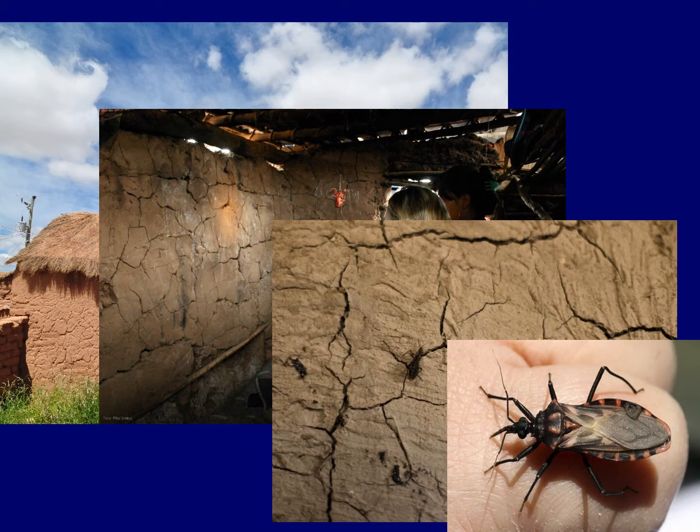So this really does show you the connection between the poverty and lack of resources and the vectors and how this can result in disease transmission.